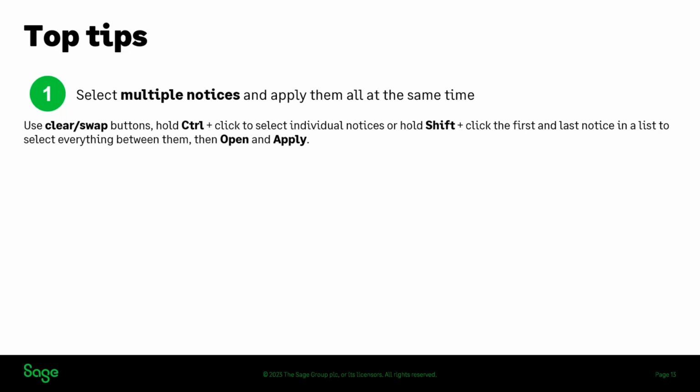You can use the clear and swap buttons if you want to highlight absolutely everything in that folder. You could hold Control and click to select individual notices, or you could hold Shift and click the first and last notice in a list to select those and everything in between them. And then you can open those notices, view the details on screen, and apply them all in one go.